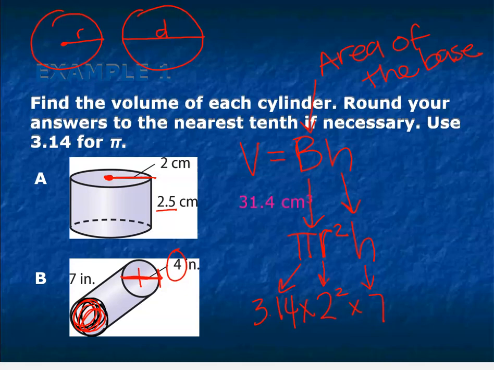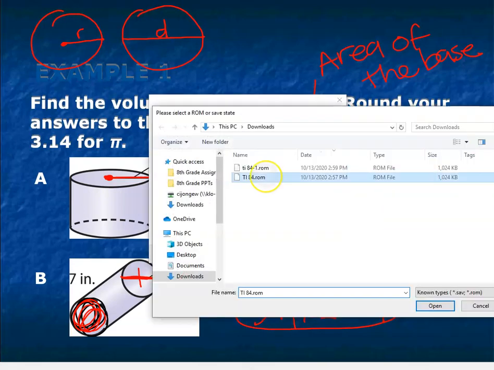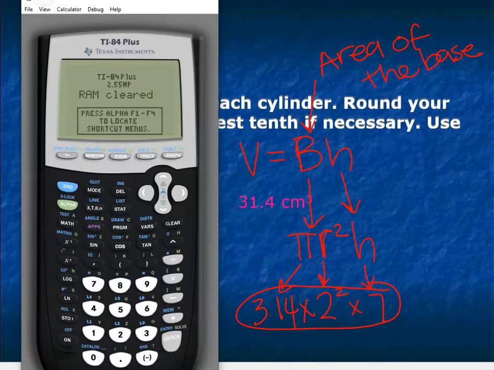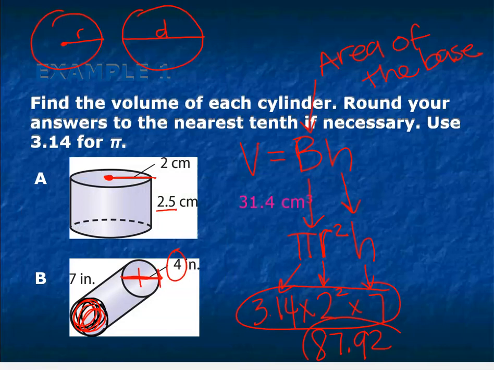Then all you have to do is multiply all of this on your calculator. 3.14 times 2 squared times 7 is 87.92. That is the volume for this cylinder.